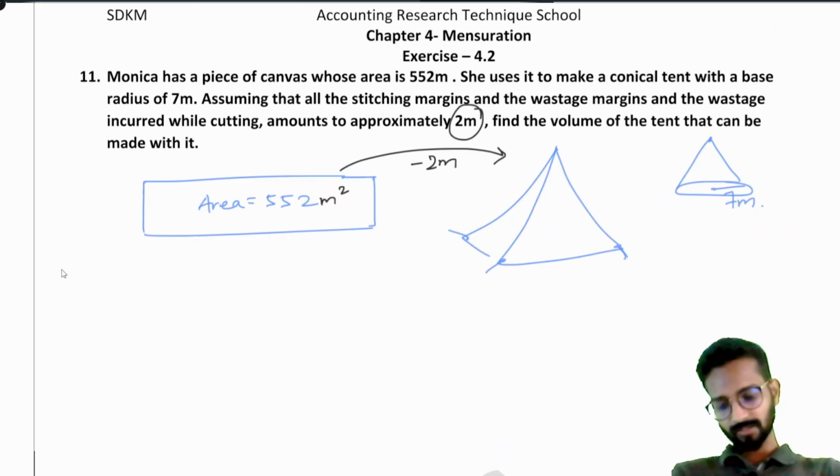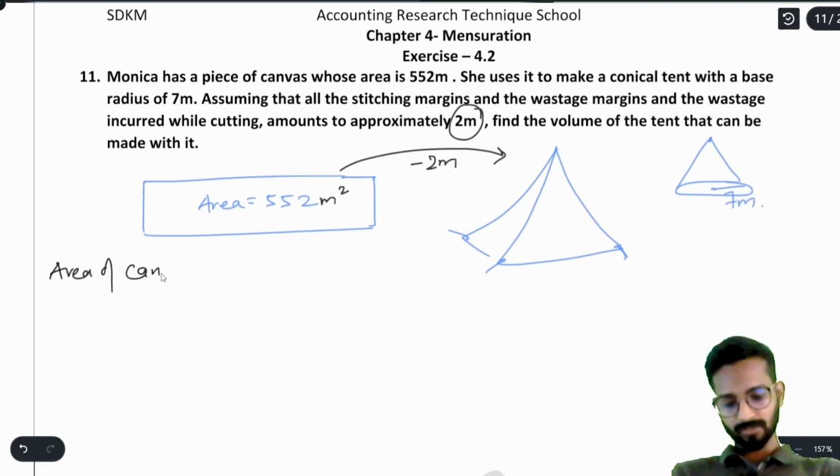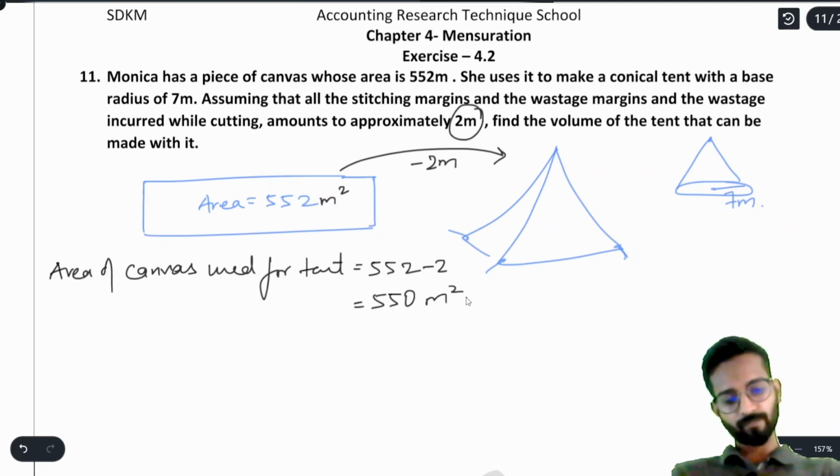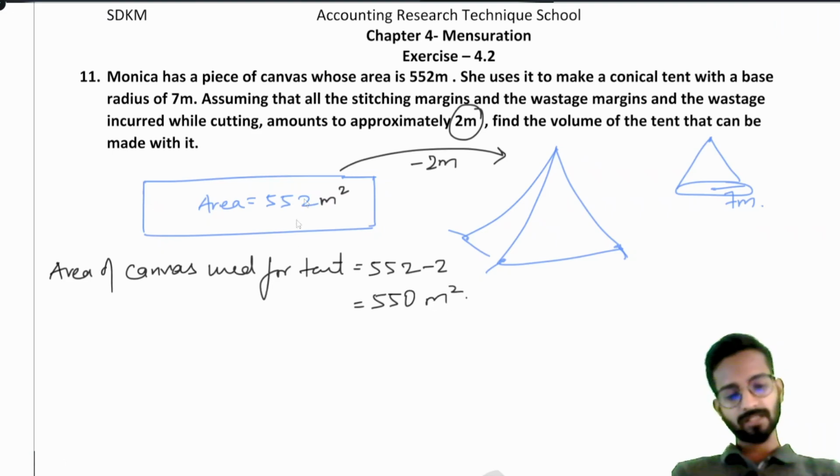So you can write here area of canvas used for tent is equal to 552 minus 2, that is 550 meters square. Okay, now it means the area of the cone is 550 meters square only.